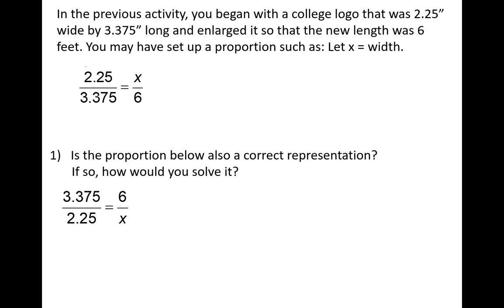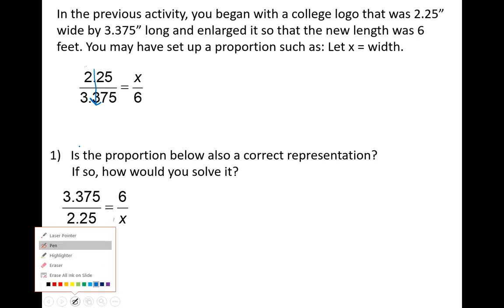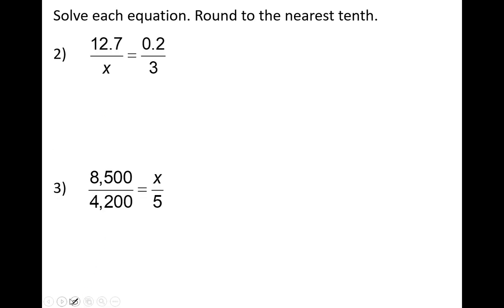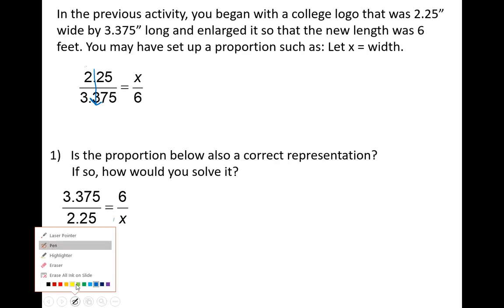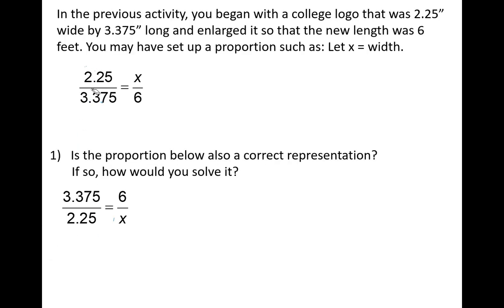One of the ways you can rearrange it is instead of going 2.25 over 3.375, you can go the other way.